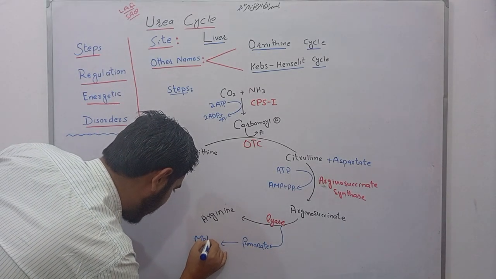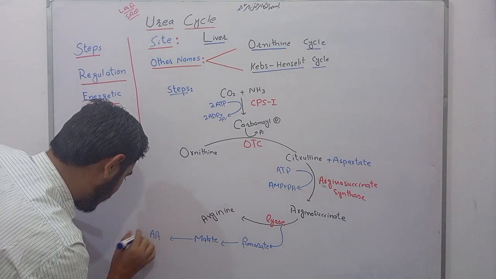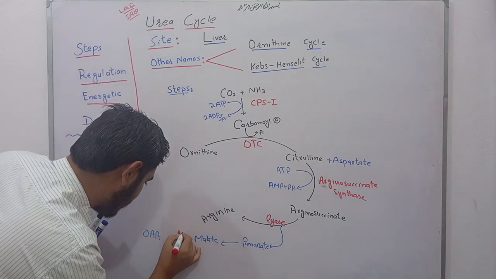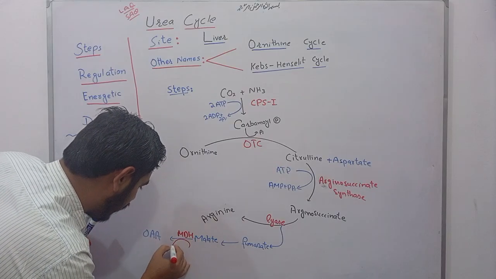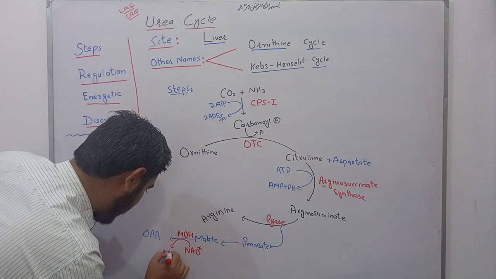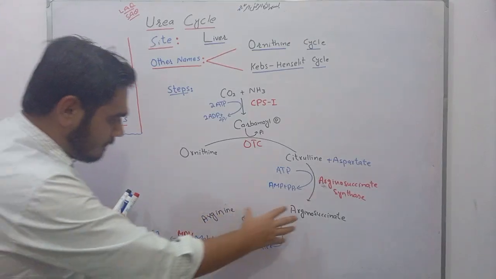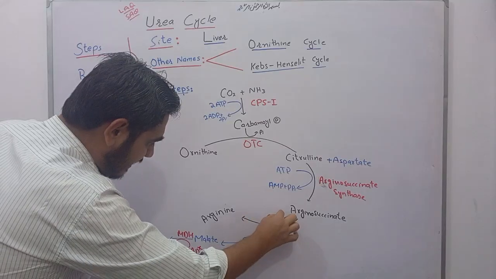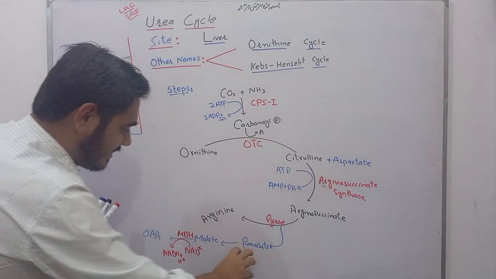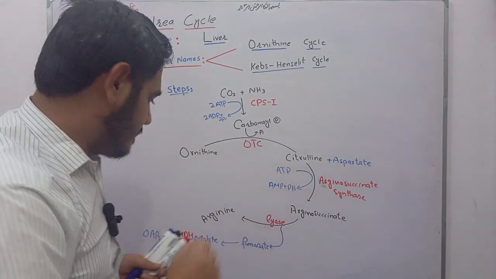It converts into malate, and with the help of malate dehydrogenase enzyme, malate converts into oxaloacetic acid, and here NAD plus converts into NADH and H plus.